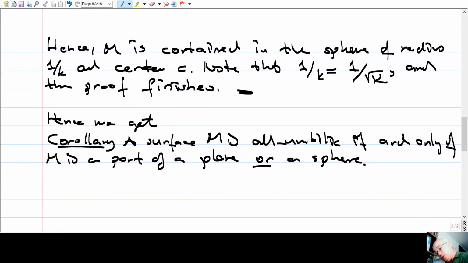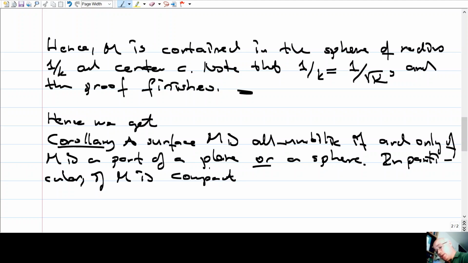In particular, if M is compact, then it cannot be a part of a plane. Therefore, it has to be a sphere. If M is compact, then M must be a sphere.